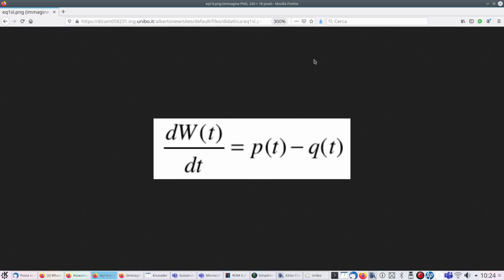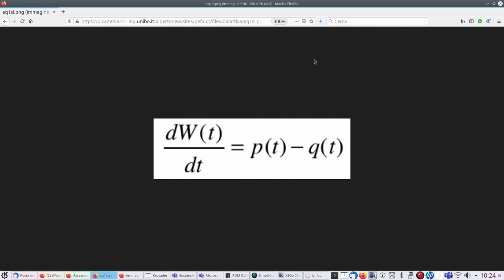It depends on time. Okay, so you see that this model is describing time dependence. There is no spatial dependence. Why is that? Because the space is fixed. It's the catchment. And we describe then W, water storage, for the whole catchment. So given that it's fixed, we drop it. Okay?